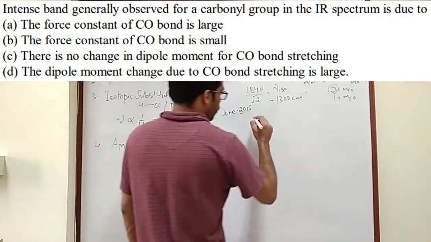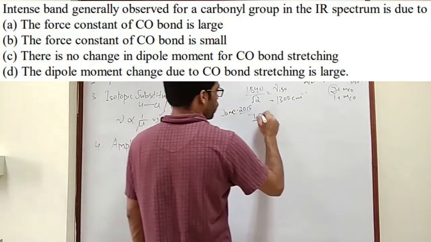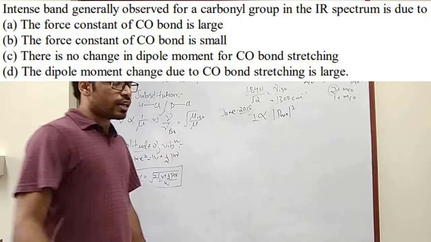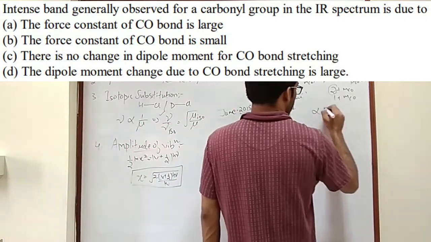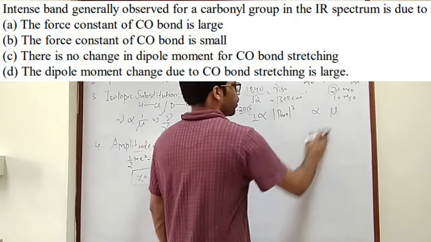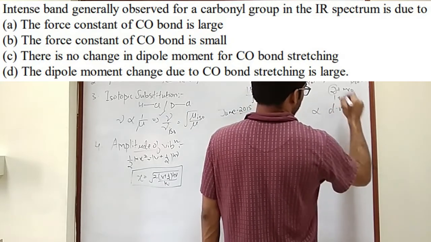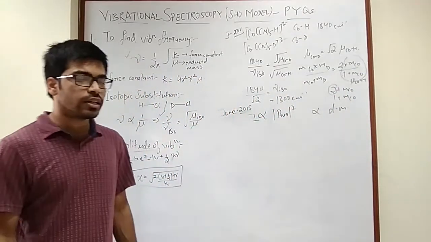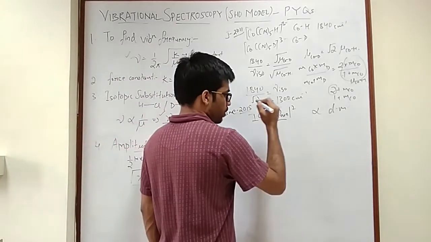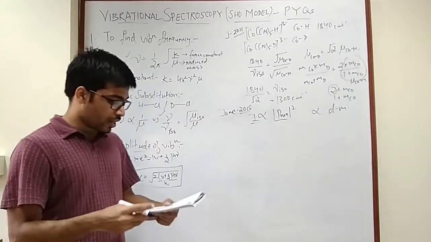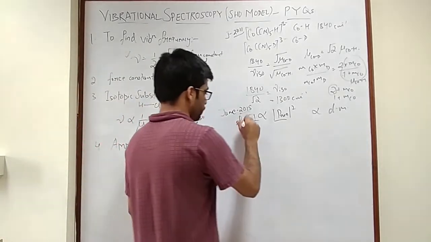Now, if you remember, the intensity is directly proportional to the transition moment integral, and the transition moment integral is directly proportional to the dipole moment. So the larger the dipole moment change, the larger will be the transition integral, and the larger will be the intensity. So the correct answer is option number D.